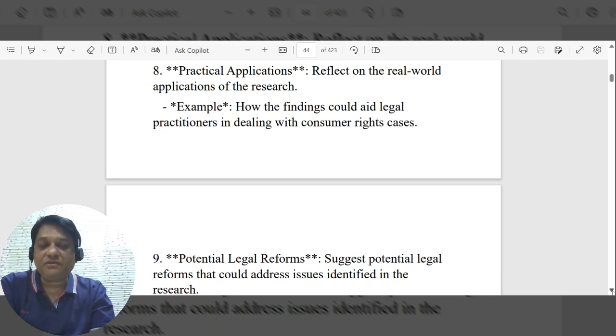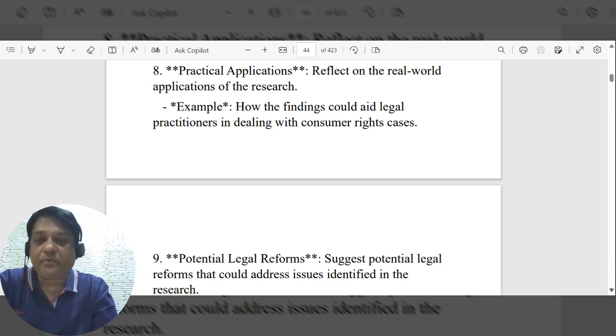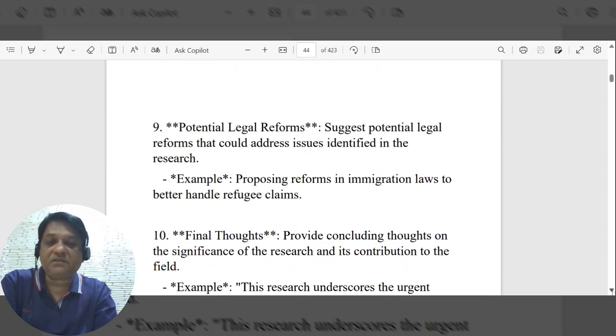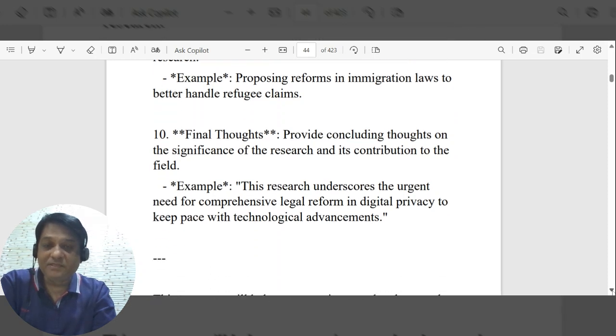Practical applications, reflect on the real world applications of the research, how the findings could aid legal practitioners in dealing with consumer rights cases. Potential legal reforms, suggest potential legal reforms that could address issues identified in the research. Example, proposing reforms in immigration laws to better handle refugee claims.